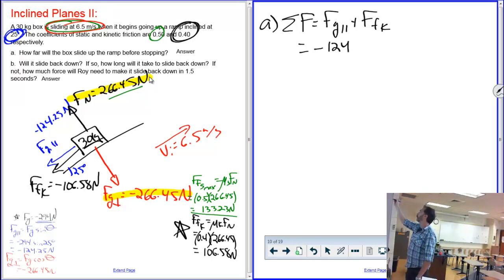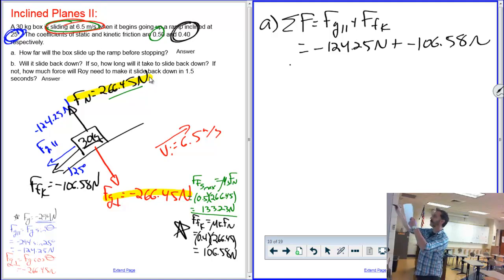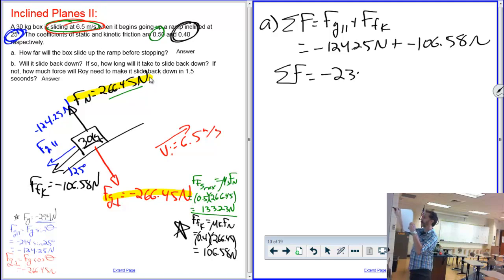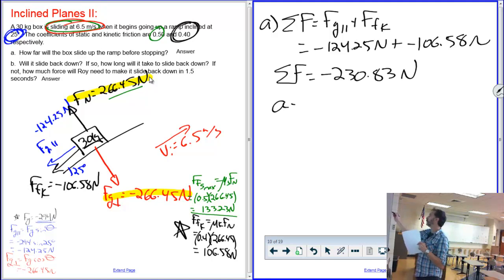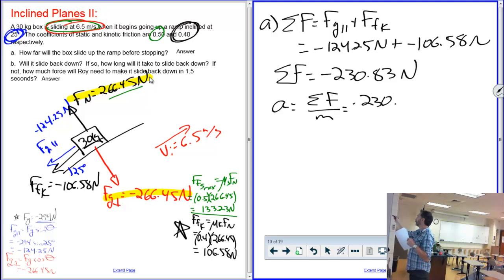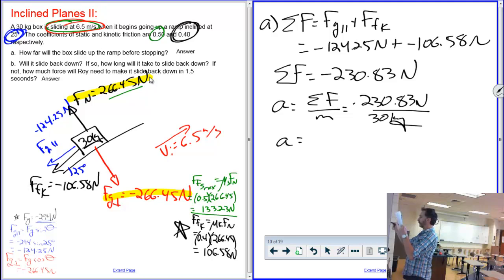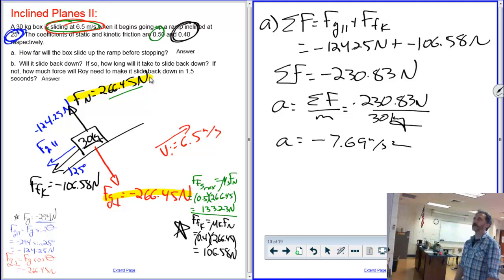That's negative 124.25 newtons from parallel, negative 106.58 from friction, and so my net force is negative 230.83 newtons. Now I can find my acceleration by doing net force over mass. Remember, your mass is 30 kilograms. You get an acceleration of negative 7.69 meters a second squared.